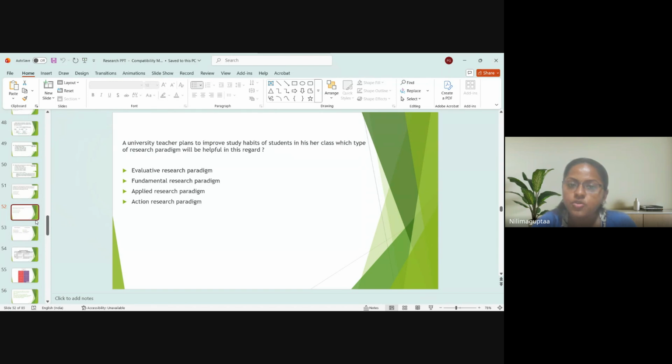A university teacher plans to improve study habits of students in his or her classroom. Which type of research paradigm will be useful in this regard? Evaluative, fundamental, applied, or action?